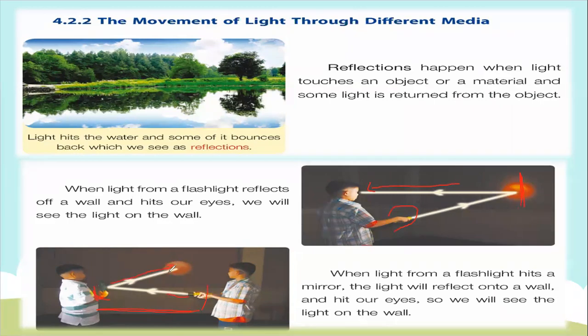The reflection happens at an angle: from whichever angle the flashlight light comes, it returns at the same angle. So when light from a flashlight hits a mirror, the light reflects onto a wall, and hits our eyes so we can see the light on the wall.